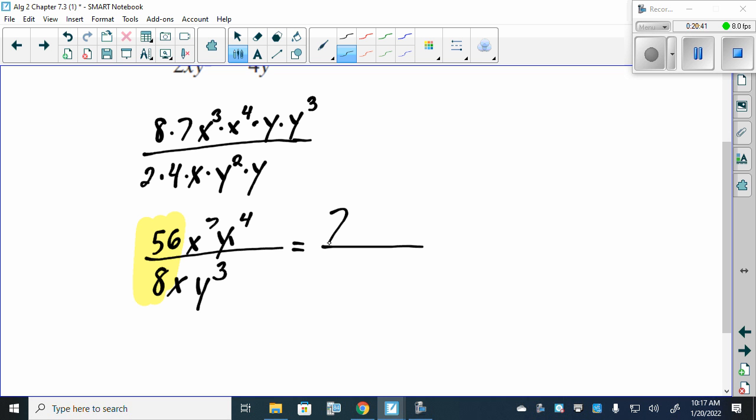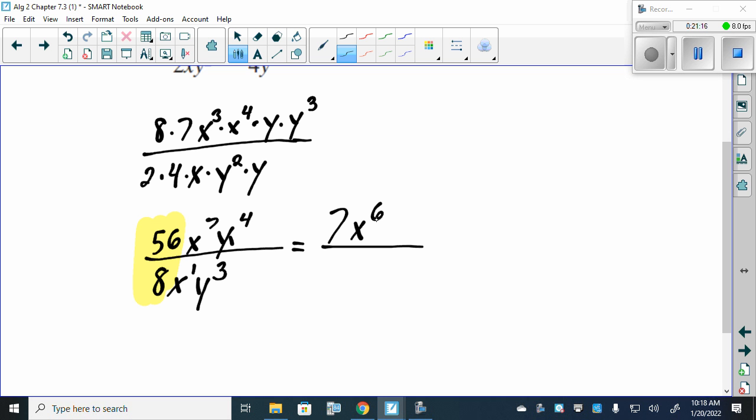Now we need to look at the variables. Whenever we have like bases being divided, like x to the 7th divided by x, we subtract the exponents. The exponent on the bottom for x is 1, we just don't write it in. So 7 minus 1 is 6, and since the biggest exponent is on top, it stays on top.